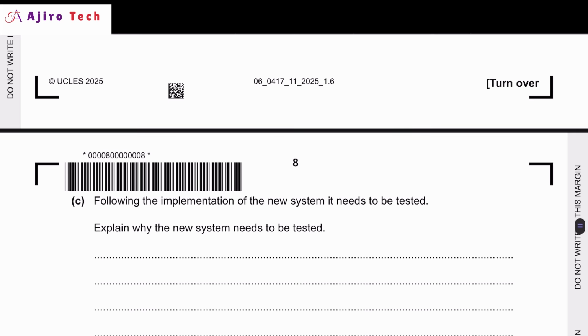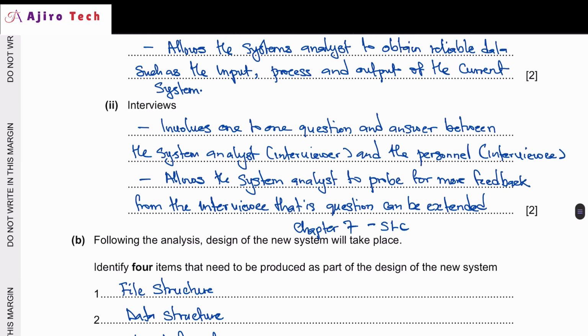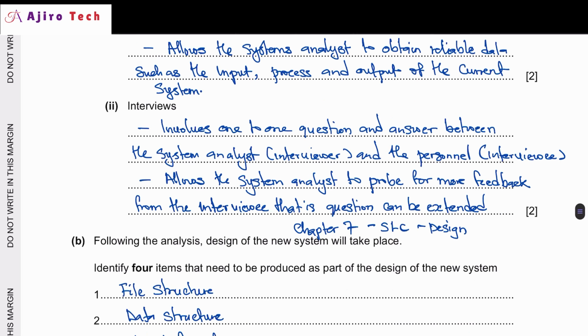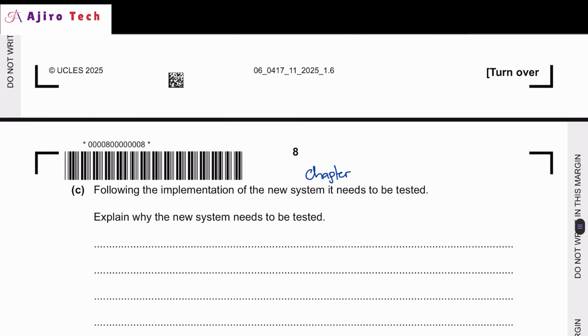Following the implementation of the new system, it needs to be tested. This is also chapter 7, systems life cycle: development and testing.